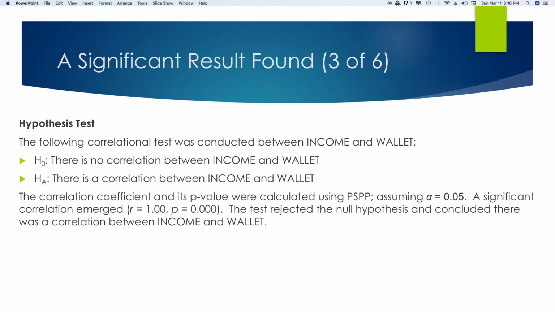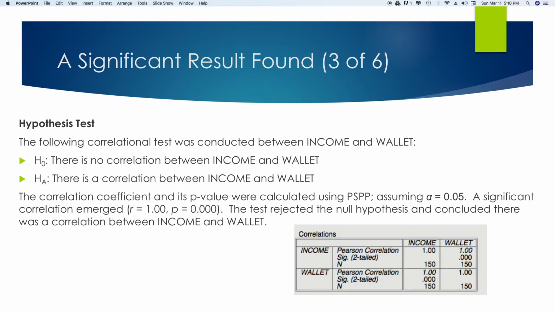In this case, r equals 1, so that's as high as you can get in a correlation test, and p equals 0.000, which we can say is a very accurate result we can expect. The test concludes that there is a very strong correlation between income and wallet. We can see the output is 1.0 for the r value, and 0.000 for the p-value.